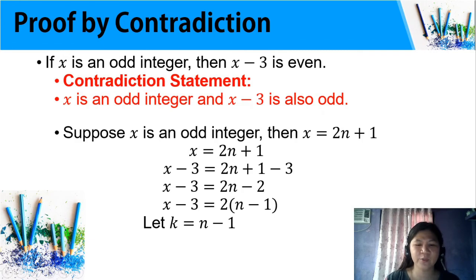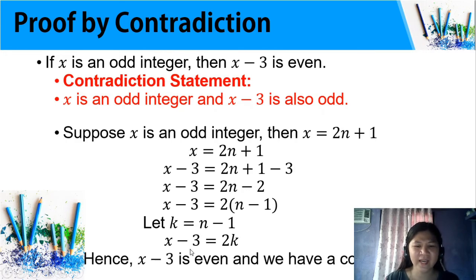Let k be equal to n minus 1, where k is an element of the integers, then we have x minus 3 is equal to 2k. Hence, x minus 3 is even, but since in our contradiction statement it's odd, we have a contradiction. So the original statement is true using proof by contradiction.